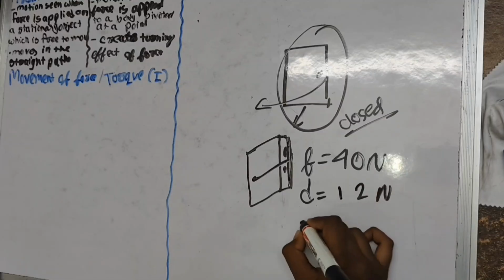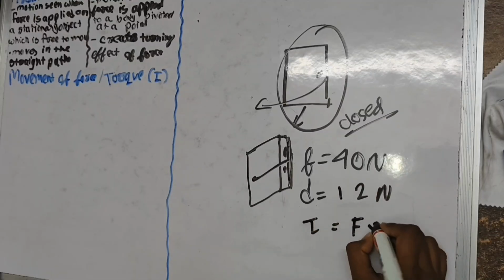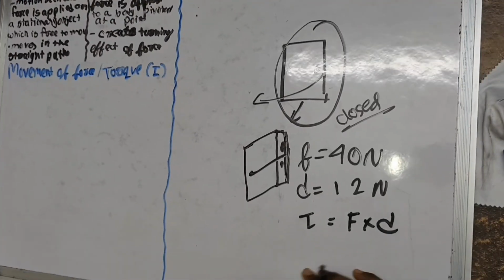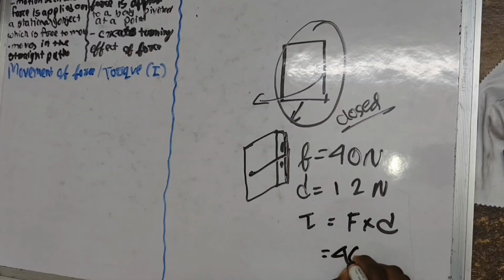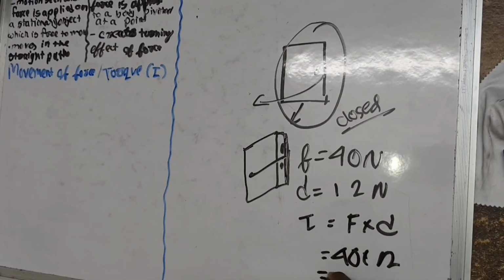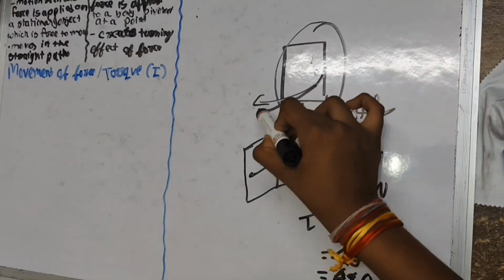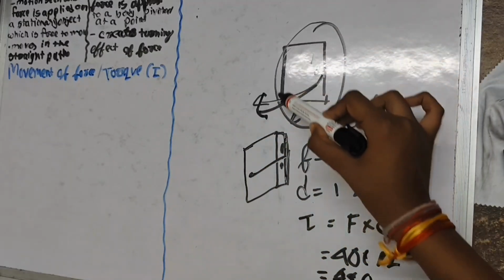So the torque will be force into displacement as we saw in the formula list. So torque will be 40 into 12, which is 480.